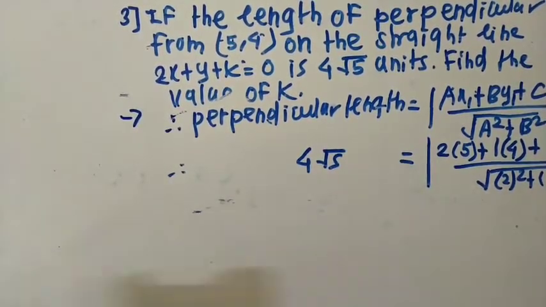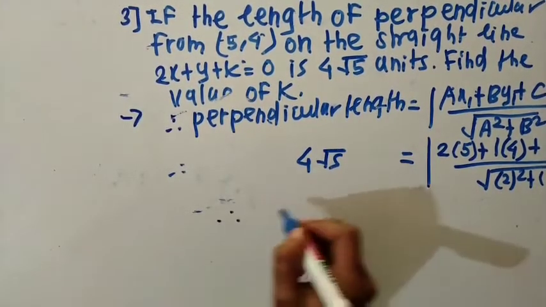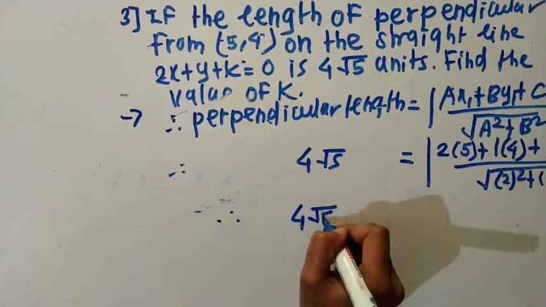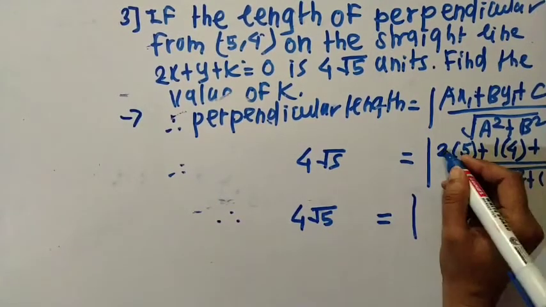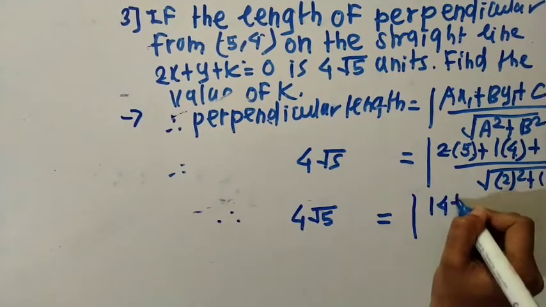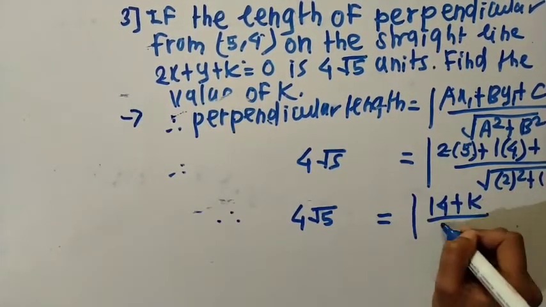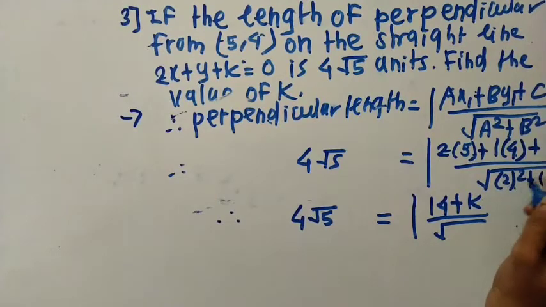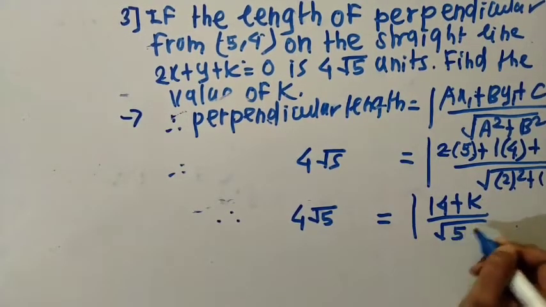Hence from this formula we get 10 plus 4 is 14, plus k, upon root of 4 plus 1, which is 5.